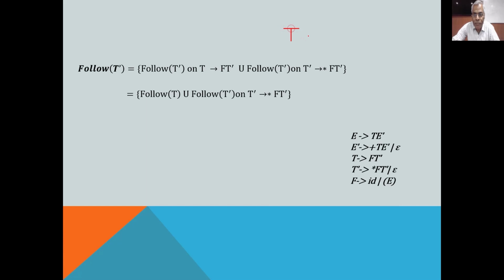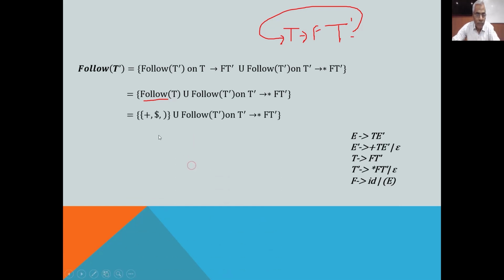In T to FT dash we are going to find the follow of T dash, and for follow of T dash there is no next symbol, so we move to the left of this production and find the follow of T. So I have written here follow of T, and we know the follow of T. Follow of T is plus, dollar and closing bracket, so I have written here plus, dollar and closing bracket.